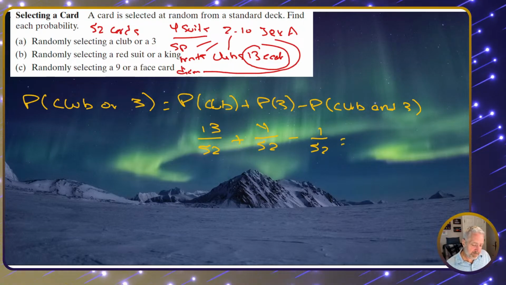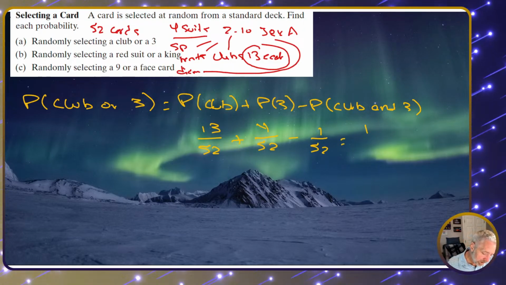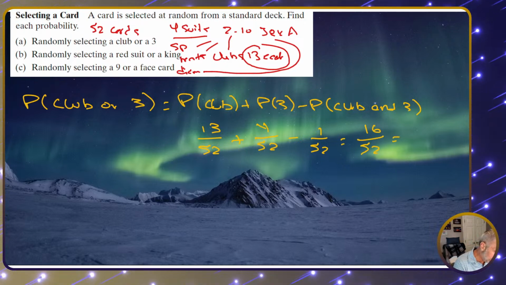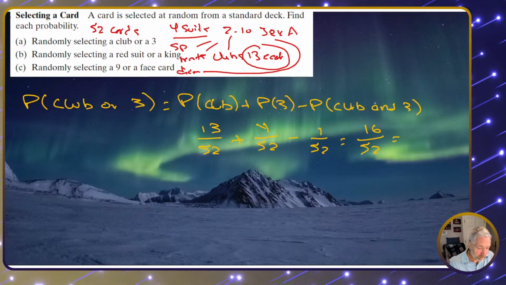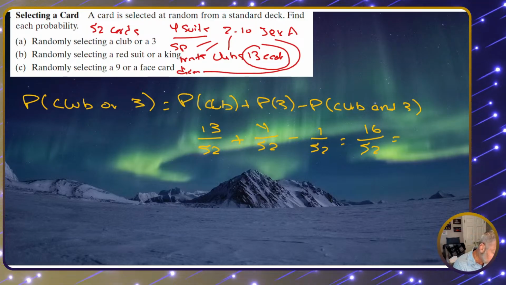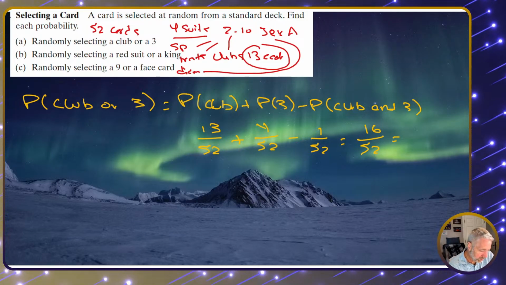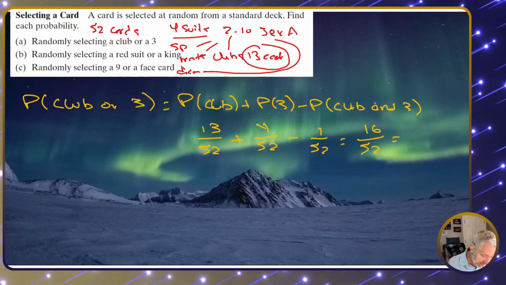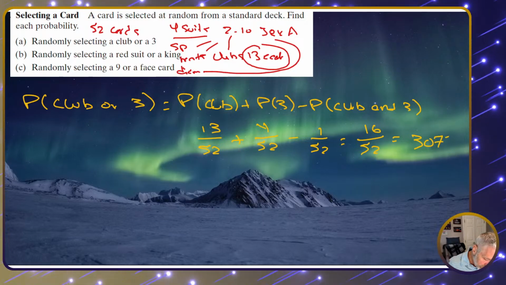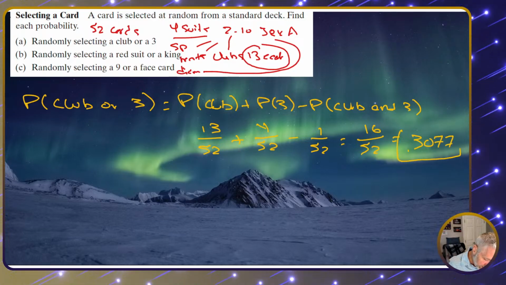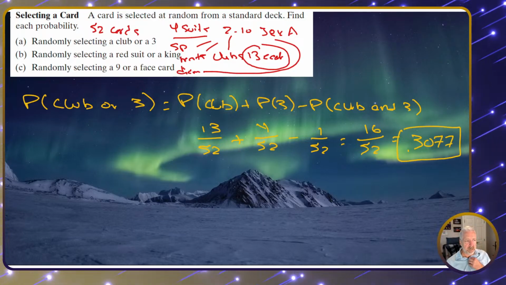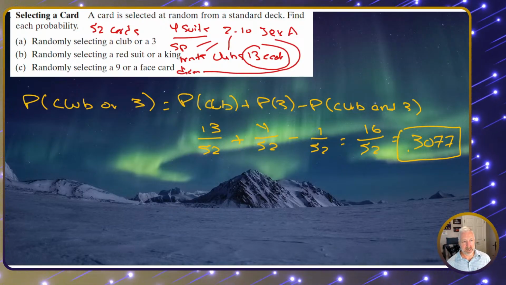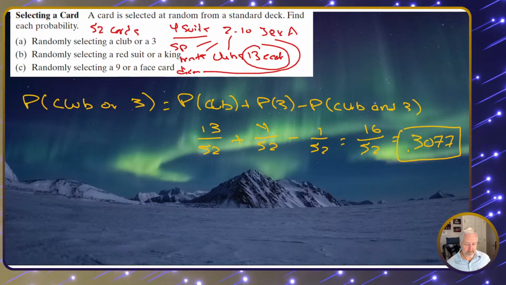So I'm left with 13 plus 4, which is 17, minus 1 is 16, divided by 52. Remember, I asked you not to leave it as a fraction, although that's mathematically correct. I want it in more terms of what we're talking about in class. And we'll take it out here to 4 decimal places. 0.3077. So about a 31% chance of randomly selecting one card and it being a club or a 3.